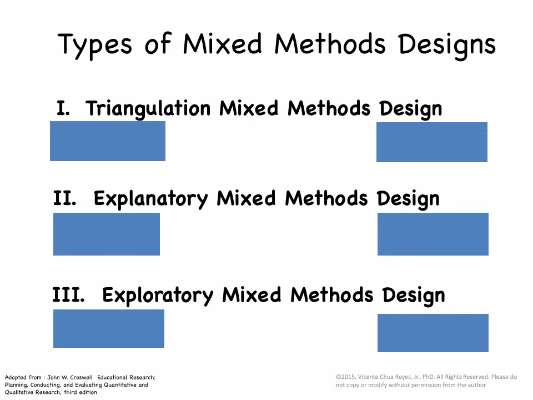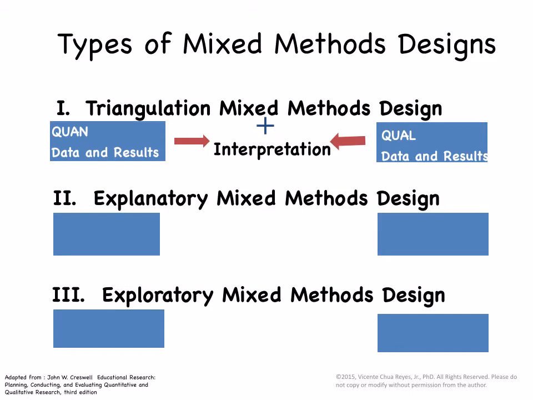The graphic in this slide provides us a snapshot of the three categories of mixed methods designs. The first one, triangulation mixed methods, sees the concurrent application of quantitative and qualitative approaches.